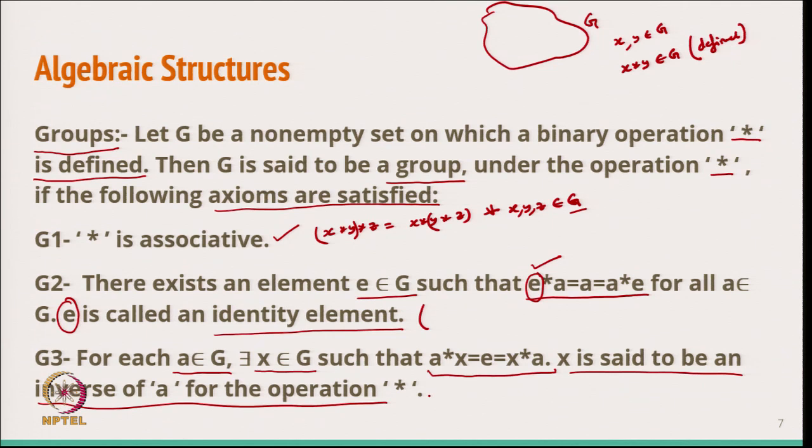In this case I get the same E that we defined here whenever I apply the binary operation A star x. So, I will say that x is an inverse of the element A.